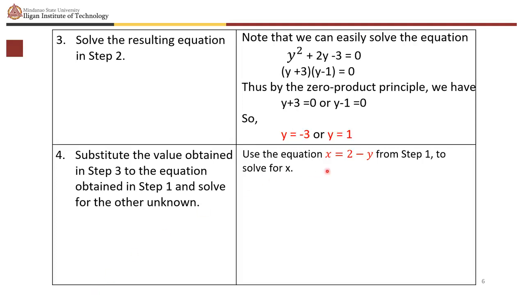So we use the equation x equals 2 minus y from step 1 to solve for x. Now when y is equal to negative 3, substitute y equals negative 3. You have x equals 2 minus y, so 2 minus negative 3. This should give us 2 plus 3, which is equal to 5. Hence, x is equal to 5.